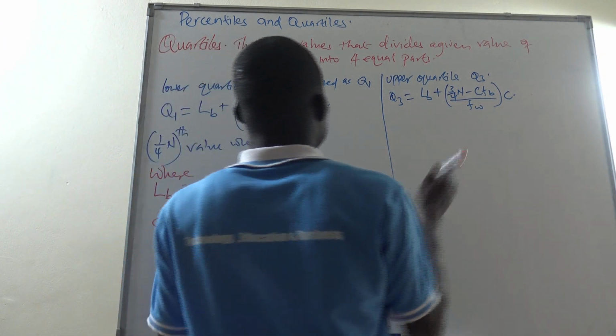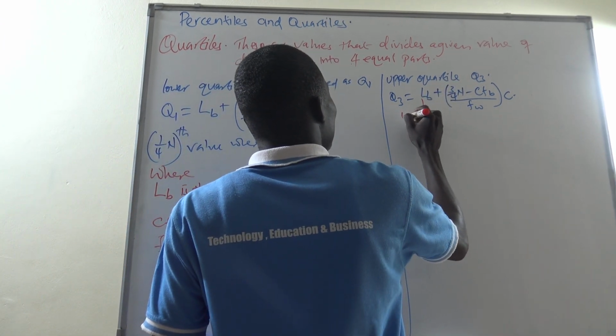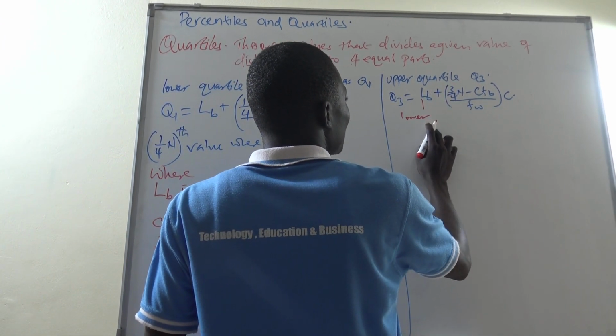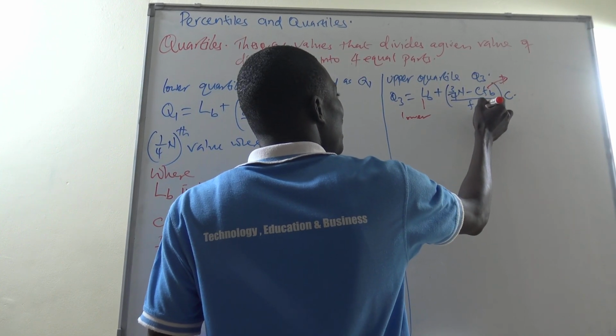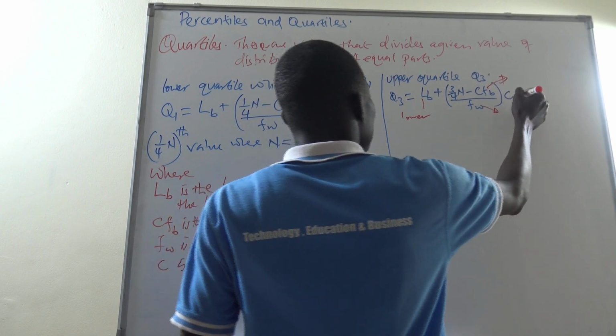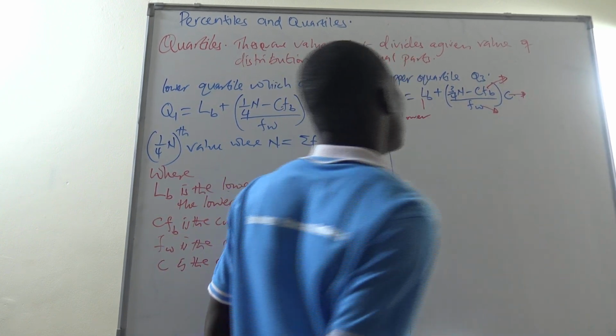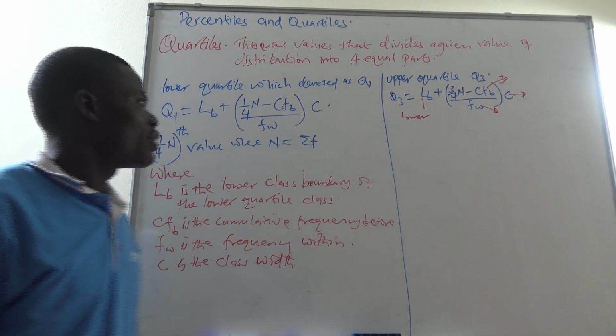That's where you get the lower class boundary, the cumulative frequency before, the frequency within, and the class width.